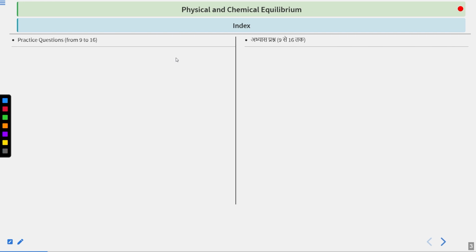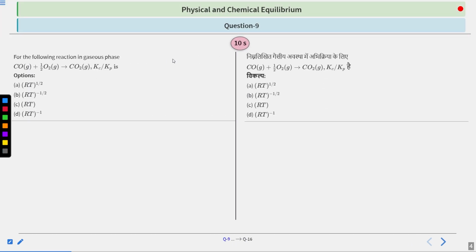In this session, we will be practicing questions from 9 to 16. The question says that for the given reaction in gaseous phase, CO gaseous plus half O2 gaseous giving us CO2 gaseous, what is the ratio of Kc to Kp?